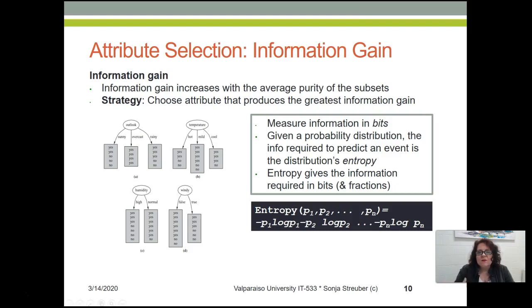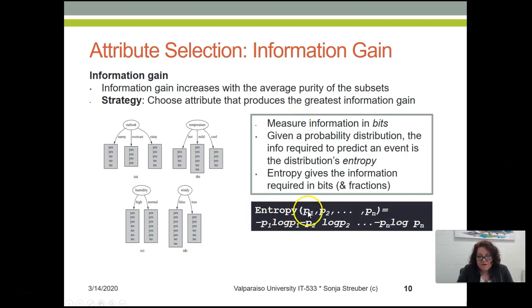And because we are interested in the probability that a tuple is part of a branch of a tree, we're working with probability distributions, right? And if we do that, then we can work with the distribution's entropy because we are looking for the information that we need in order to predict the branch affiliation of a tuple. And our entropy formula reads like this.